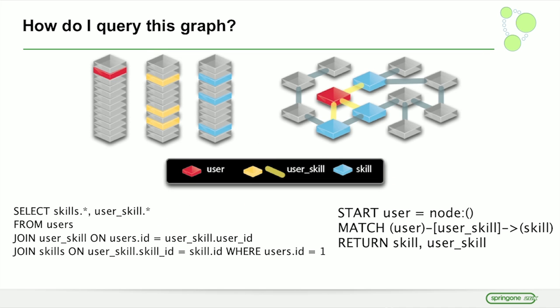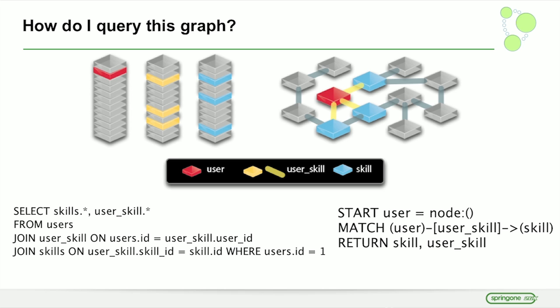A more involved example of that is: I want to find people with the same skills. So in a relational way, I do the select from the users and join on the skill table. So it's a kind of self-join.